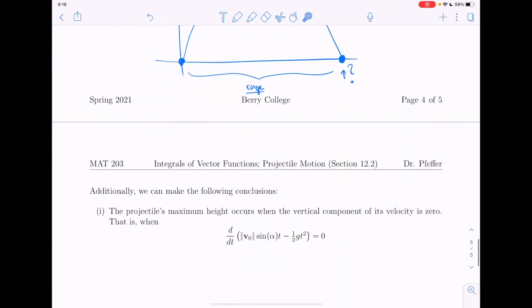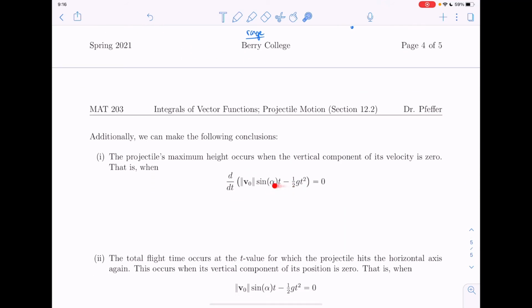And I'd like to find the t value for which this vertical component hits 0 after we differentiate it. So this is going to occur when the magnitude of v naught times sine of alpha minus gt is equal to 0.